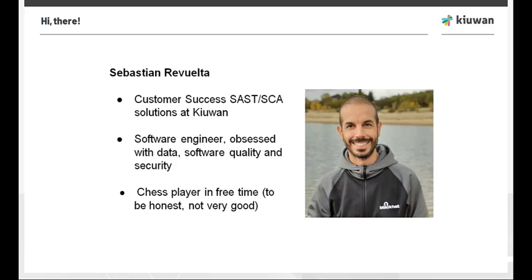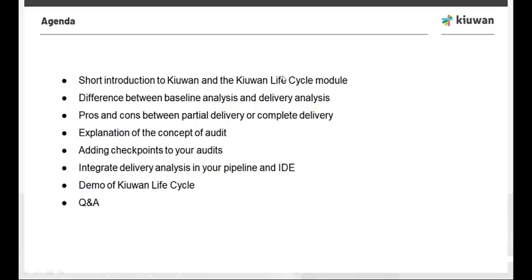The agenda of today is a short introduction to Kiuwan and the Kiuwan Life Cycle module. What is the difference between baseline analysis and delivery analysis? Pros and cons between partial delivery or complete delivery. Explanation of the concept of audit in Kiuwan.